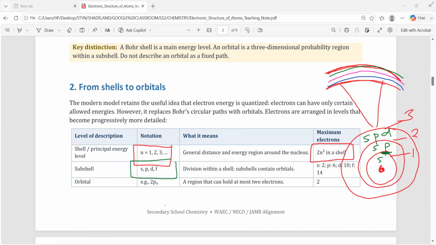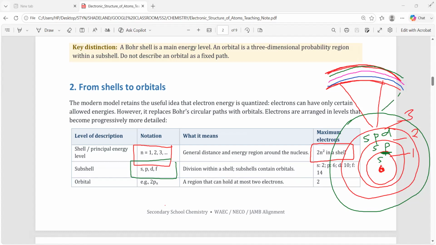So who can tell me the subshells that will be on the fourth shell? Unmute yourself. SPDF. Very good.